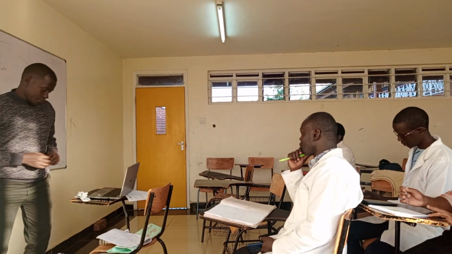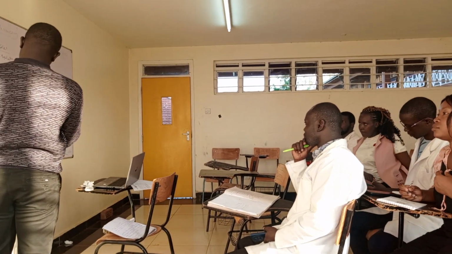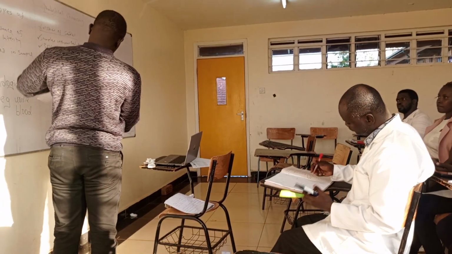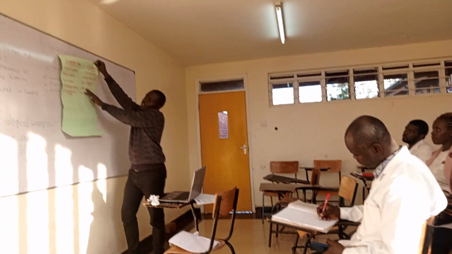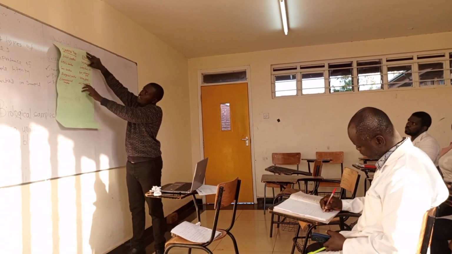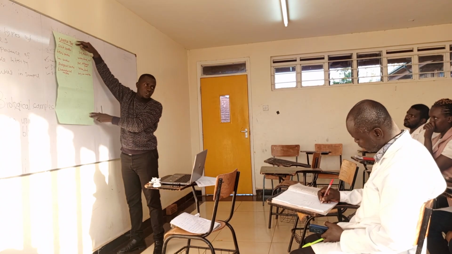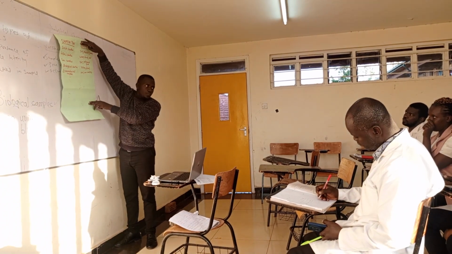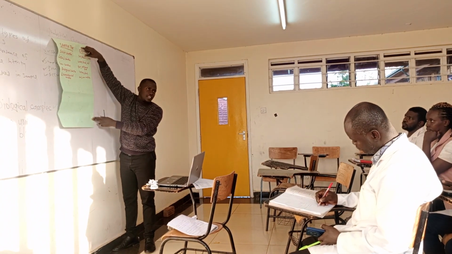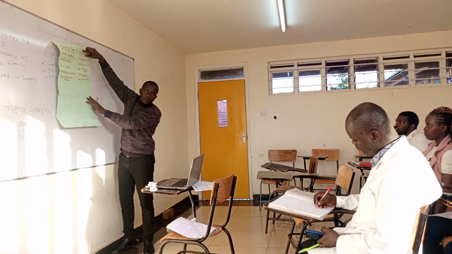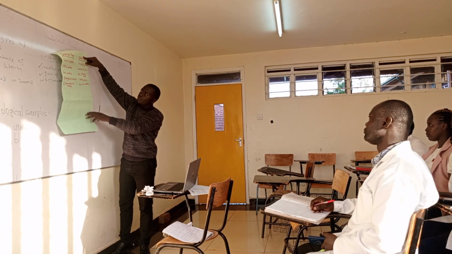So I have a chart here showing some of the sample types. So in this chart you can see we have solid sample. A good example of solid sample is soil. We have tablet, a good example of tablet is paracetamol. And also metal is a solid sample.